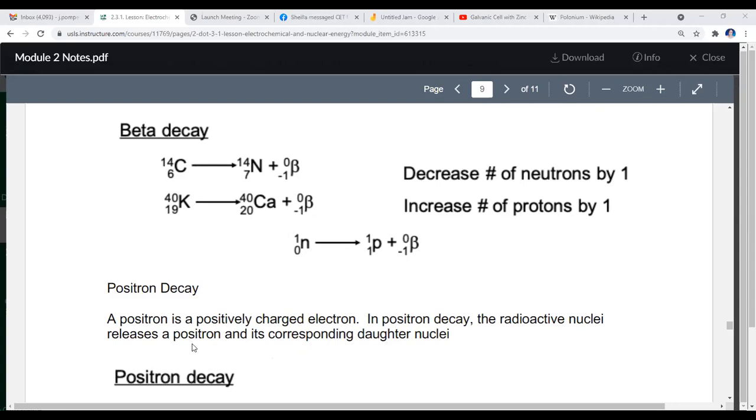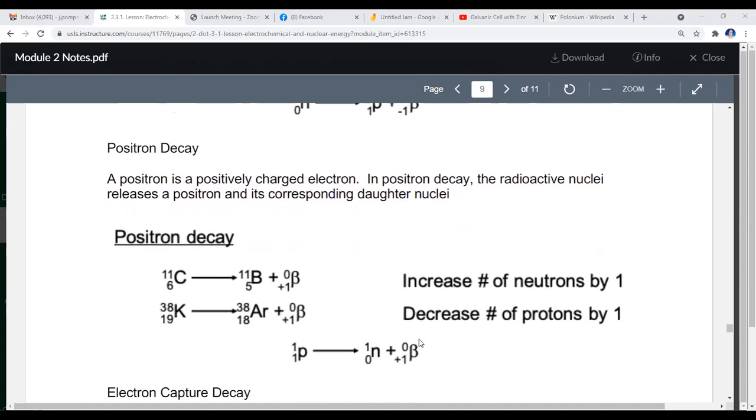An example of a positron decay is this: still carbon, an isotope of carbon, this time 11. You have a positron decay here, a positively charged electron, and the atom produced in the process is the boron atom, atomic number 5 and mass number 11.